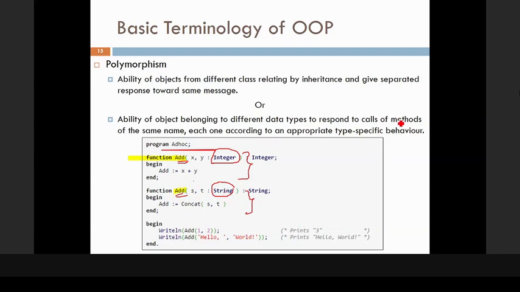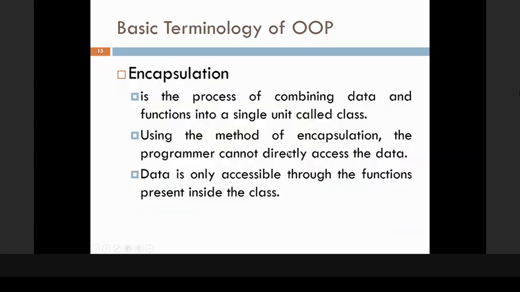It responds to different calls of the method. If you call it using integers, it will call this function. If you call using strings, it will come to this function. That is polymorphism. Okay.